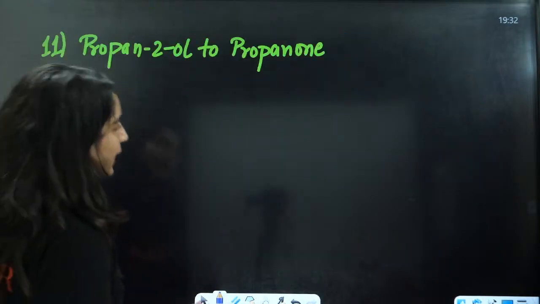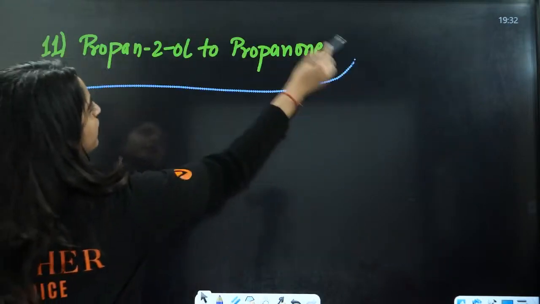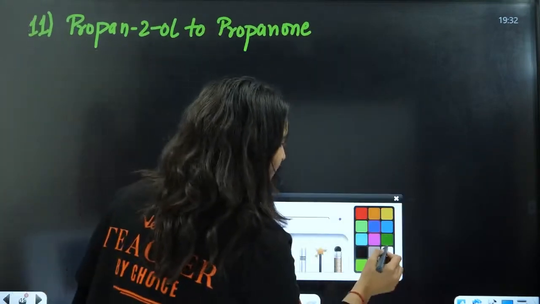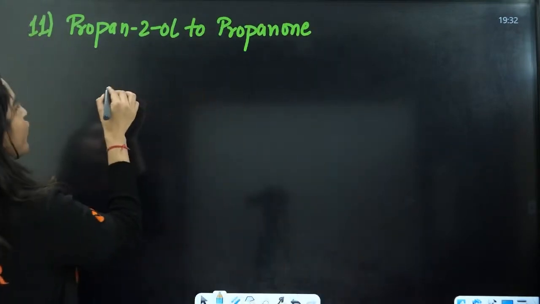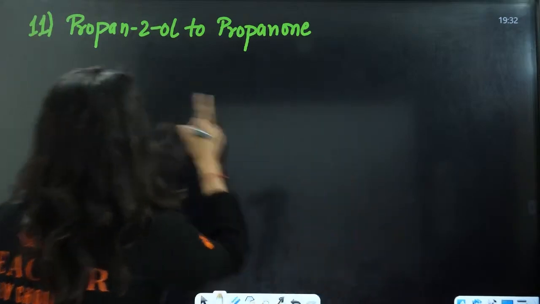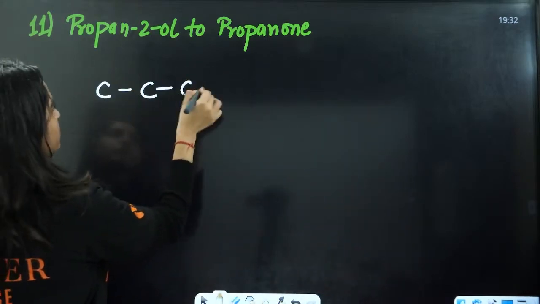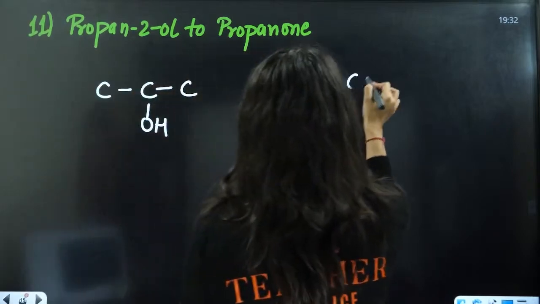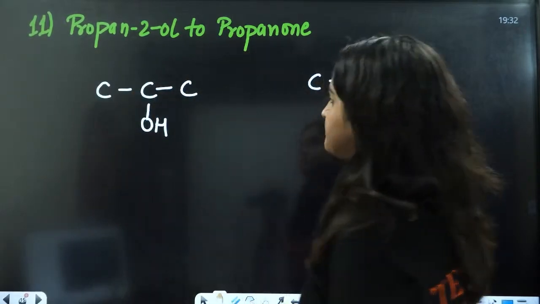Next is propan-2-ol to propanone. Everybody in the chat box, propan-2-ol, that is 1, 2, 3, to propanone, right? 1, 2, 3, this one.